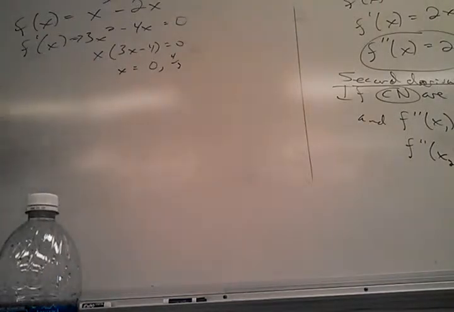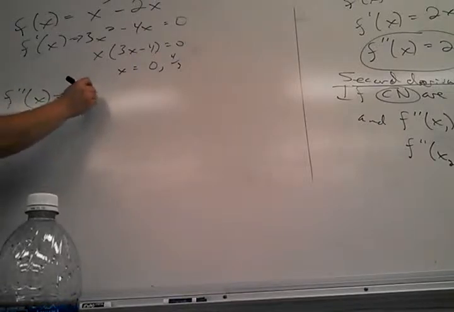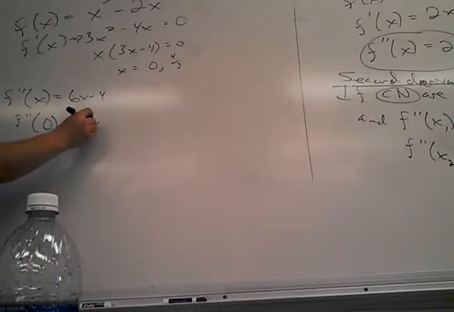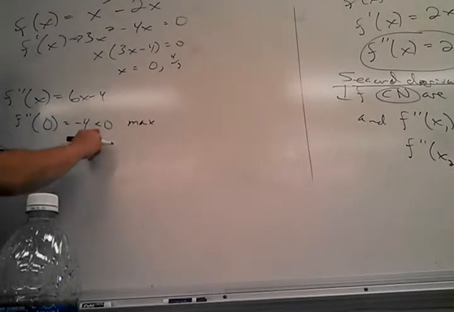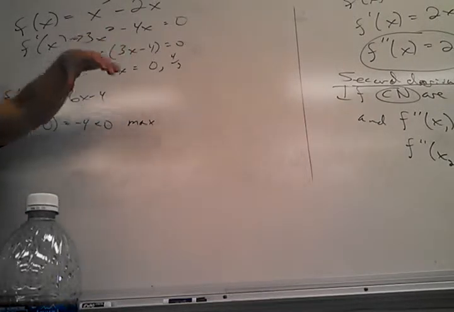Cool. Now we could do the number line, or what's f double prime? 6x minus 4. So what's f double prime of 0? Negative 4, which is less than 0. So what's happening at 0? There's a max because it's concave down. Are you with me?